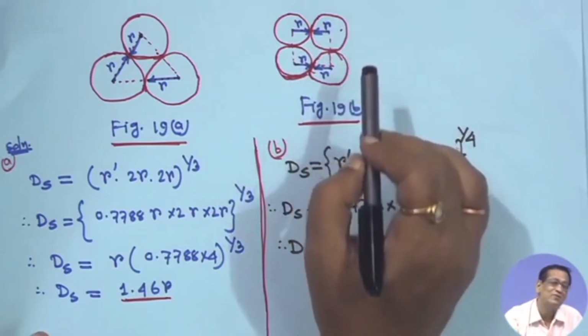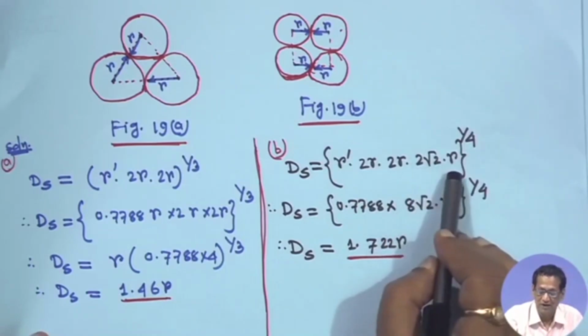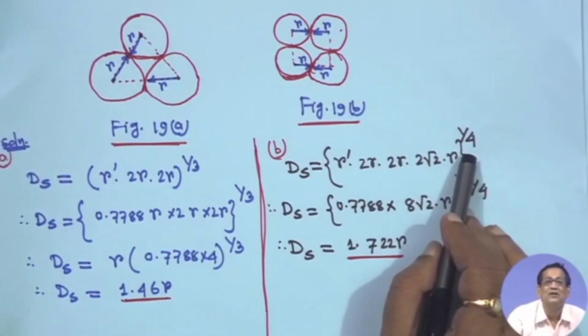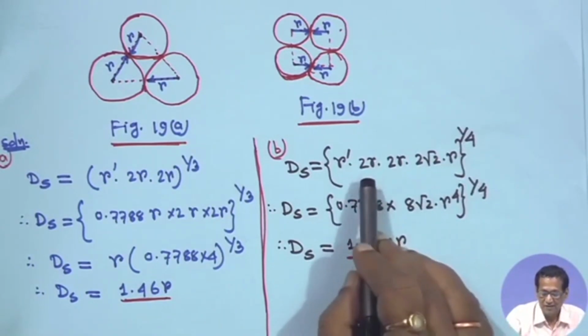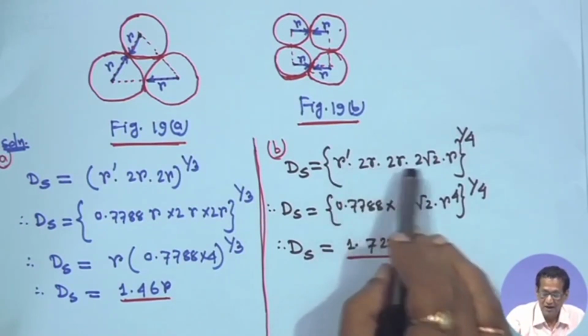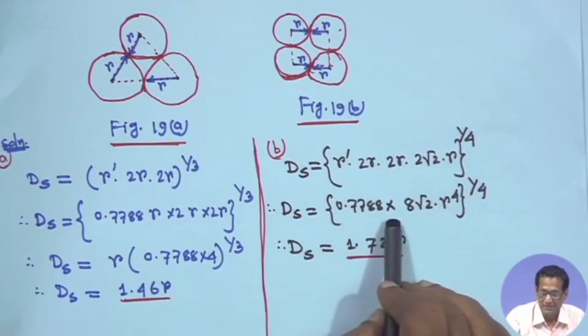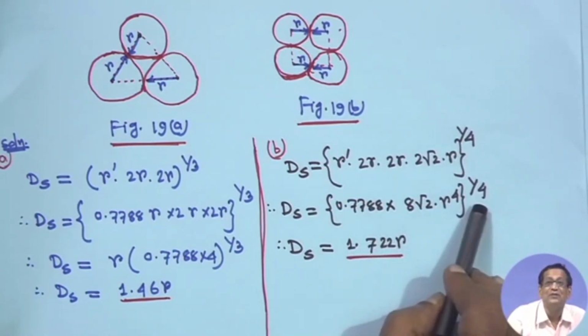So, it is the square root of 2r squared plus 2r squared, that will become 2 root 2 r, to the power 1 by 4. So, r dash is equal to 0.7788 r. So, this one will be r to the power 4. So, 0.7788 into 8 root 2 into r to the power 4, all to the power 1 by 4.